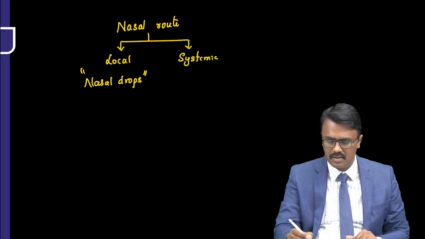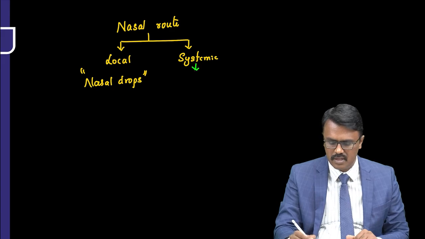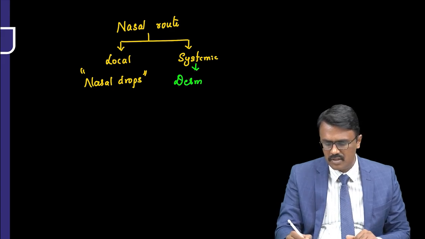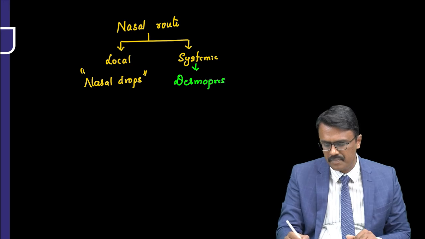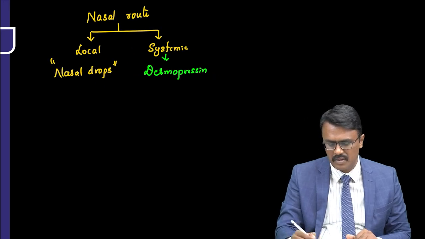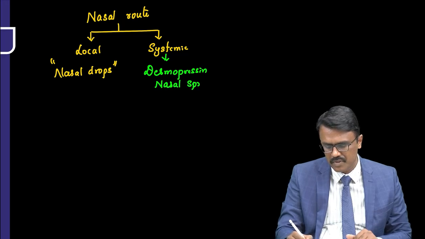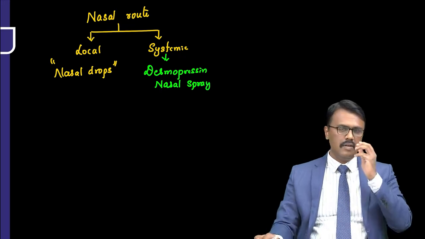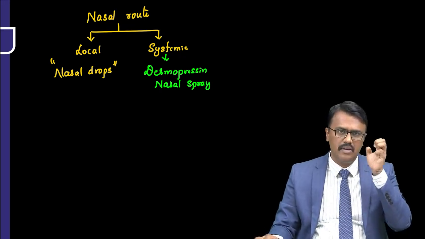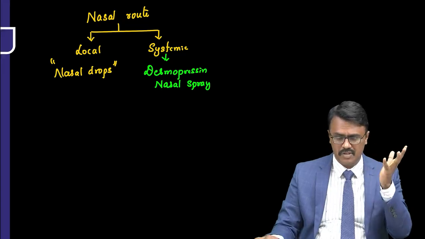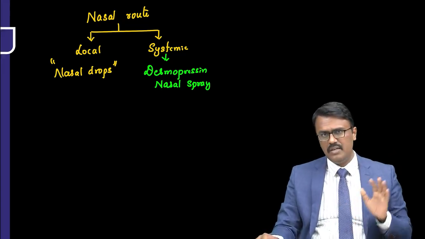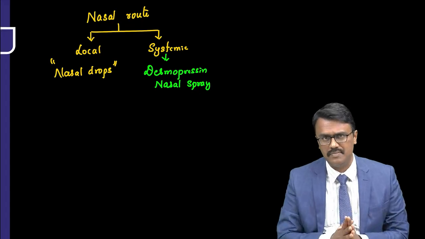An example of that is the desmopressin nasal spray. So when you spray that, the blood vessels in the nose will absorb the drug desmopressin and it will be distributed everywhere. So it's not only important, some of the routes can act like this.